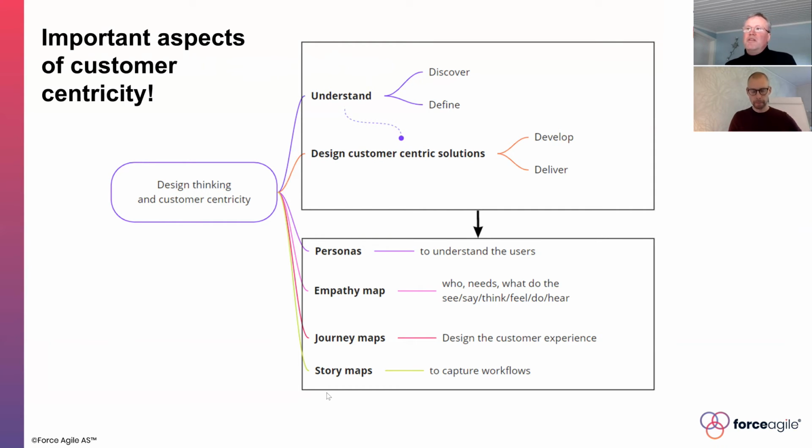You need to discover the important aspects. You need to define what to do. And then you have the design of the customer-centric solution, where you deploy and deliver in small chunks instead of doing everything in the end.